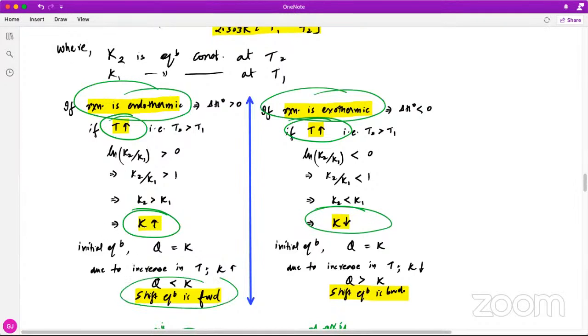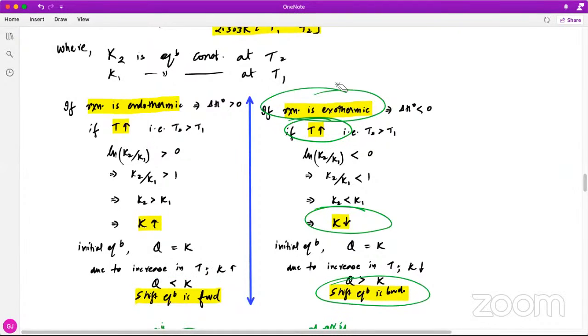And accordingly the shift will be forward or backward. How it is mathematically proven वो अब आपके लिए easy है समझना. Okay, so you can understand the math behind it as well.